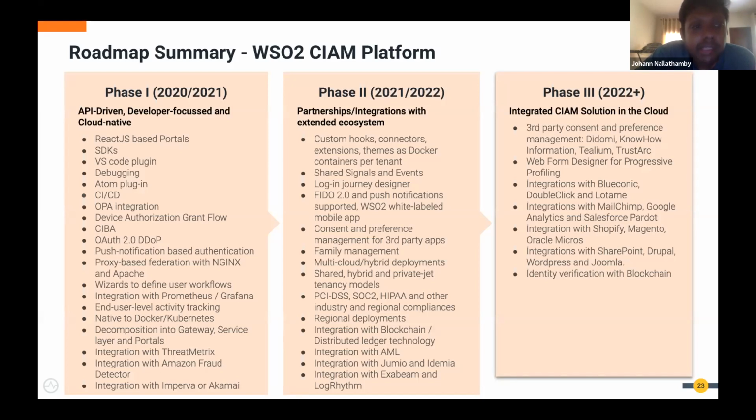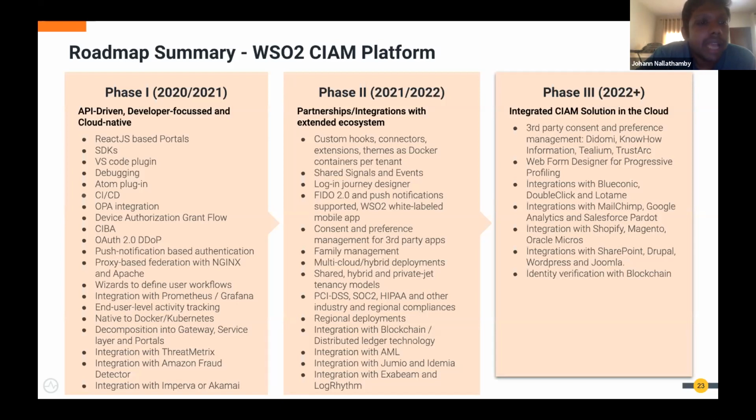In the second phase, of course, it's going to be an extension of some of those aspects in the first phase. And mainly, we are going to focus on building partnerships and integrations with other vendors related to IAM technology and other marketing and data platforms, etc. And in the third phase, it's all going to be about building that integrated CIAM solution in the cloud with the results that we've achieved from phase 1 and phase 2.